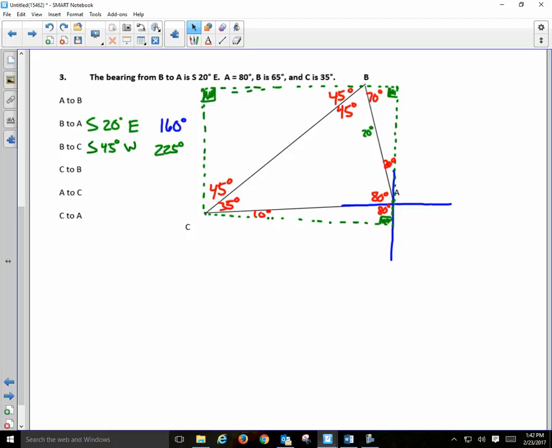Thank you. So if I'm going A to B, general direction, northwest. From north, I turn a good 20 degrees to the west. 340.